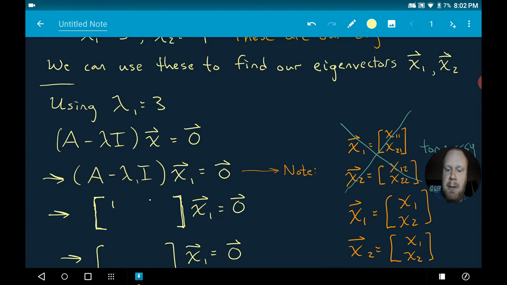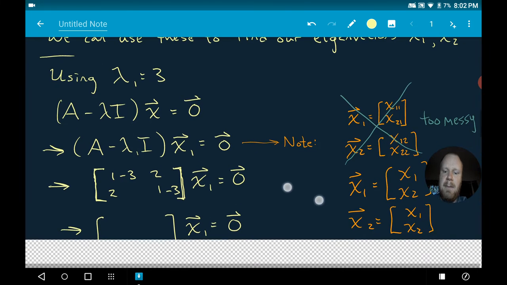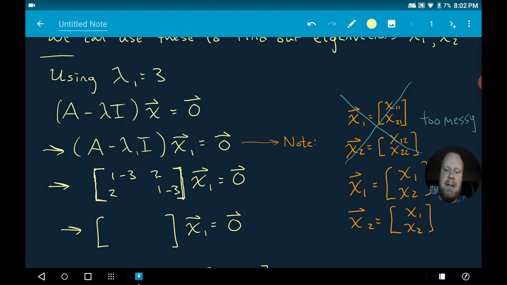So 1, 2, 2, 1. And then when we subtract lambda 1, which is 3, times I, that means that these two entries are going to be minus 3. So 1 minus lambda, and then these are each minus 0. Okay, so I get negative 2, 2, 2, and negative 2 for my entries.